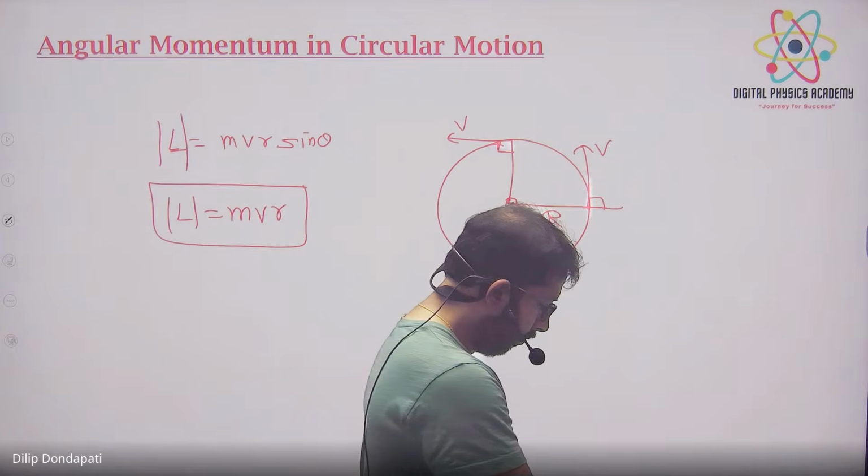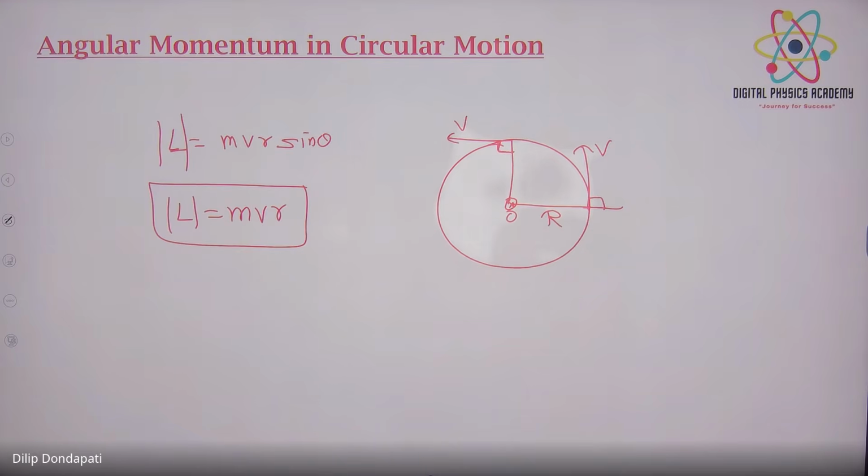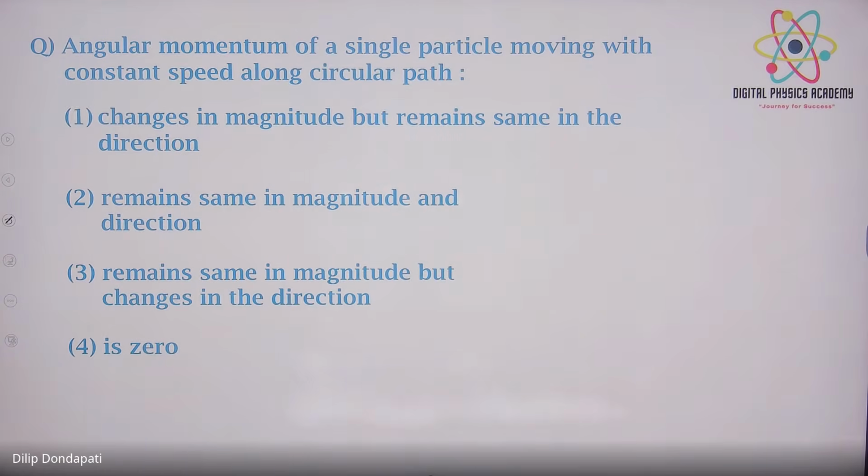Tell answer. Angular momentum of a single particle moving with a constant speed along the circular path. The term which will be constant, which will be changing, is going in circular path only.